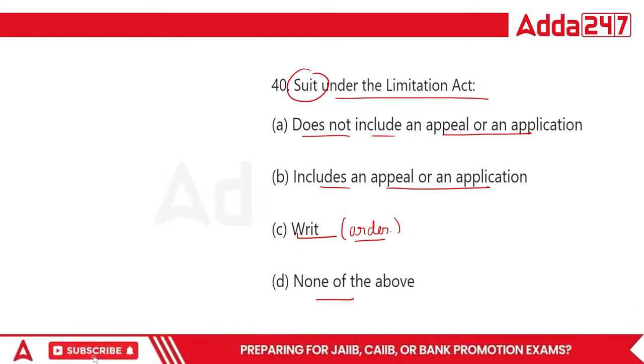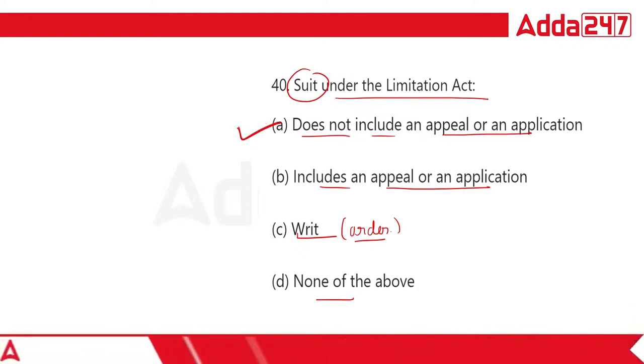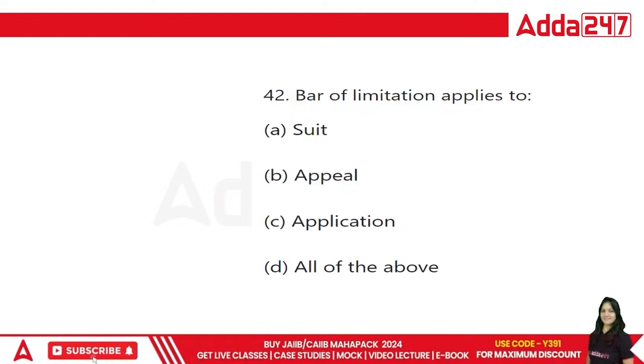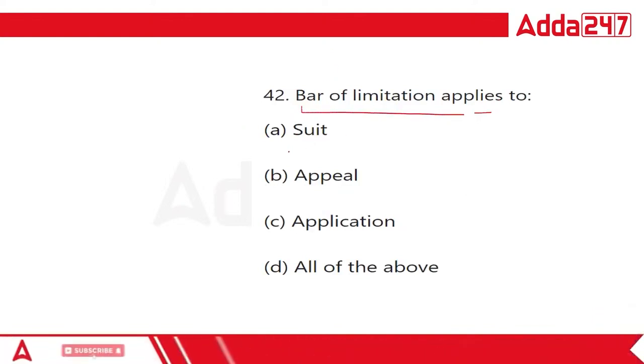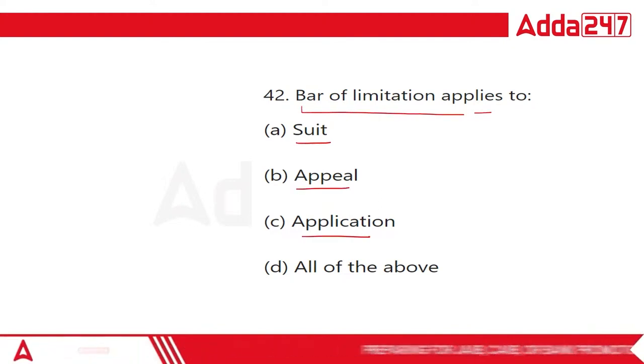So suit under the Limitation Act does not include appeal and application. So A is the right answer. Okay, because suit is different, appeal is different, application is different. Bar of limitation applies to suit, appeal, application, all of them. Tell me.